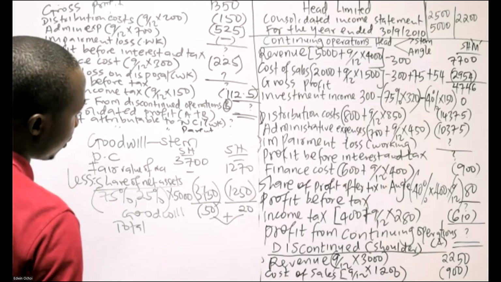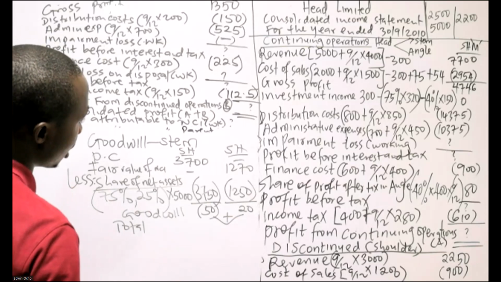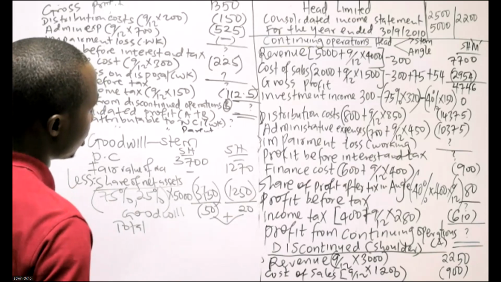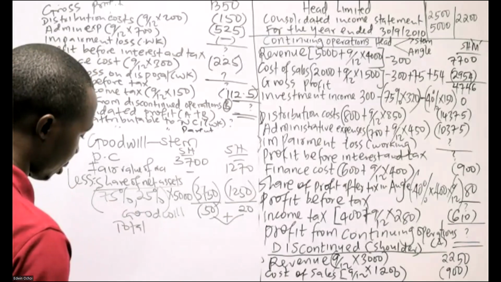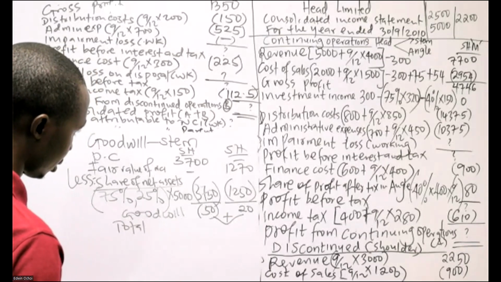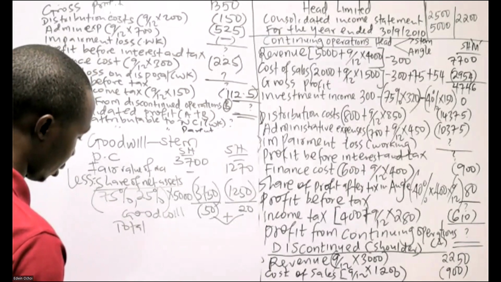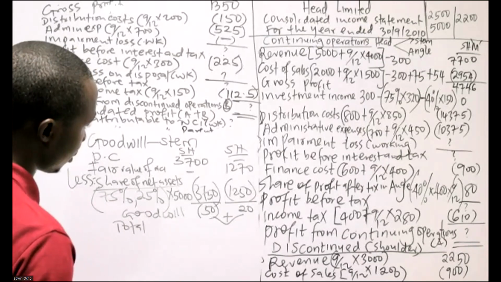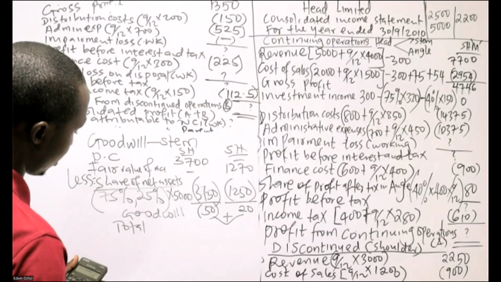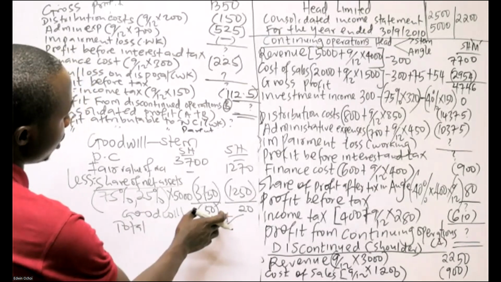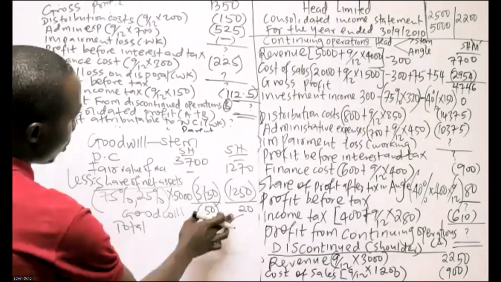But now these are profit from one source, which cannot be deducted. So here is something I need to do. Just a minute. So the goodwill here is supposed to be 20.